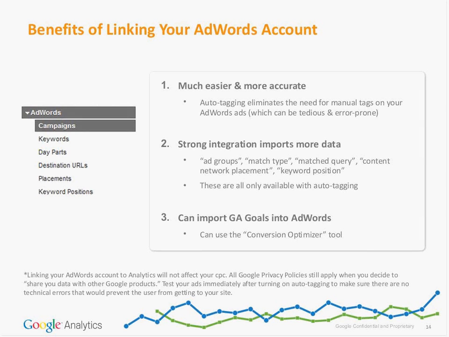This isn't available through any means other than auto tagging and linking. So I suggest either speaking to your AdWords account rep if you have one, or looking into our Help Center resources to investigate this further. You can also import any goals you've set in GA into AdWords and optimize by those conversions within your AdWords account. So there are many benefits to the integration, and again, I recommend looking into it if you haven't in a while.